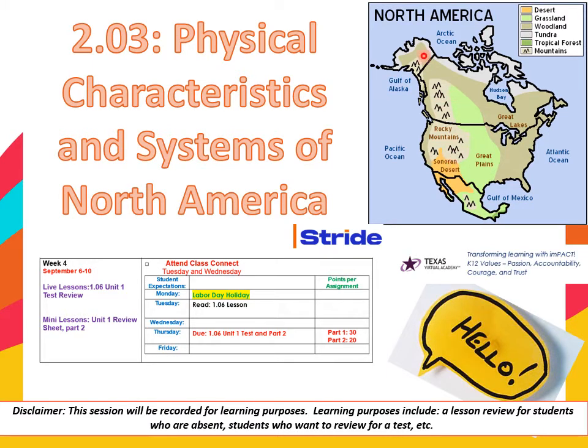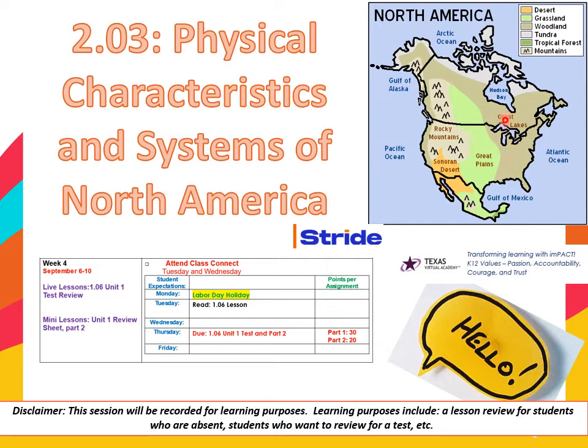That's a region based on terrain. Your Great Plains, these are grasslands. The Great Lakes region, this is a lot of woodland, a lot of deciduous forest. Deciduous meaning that they shed their leaves every year. So this is a lot of deciduous forest here in the Great Lakes region.